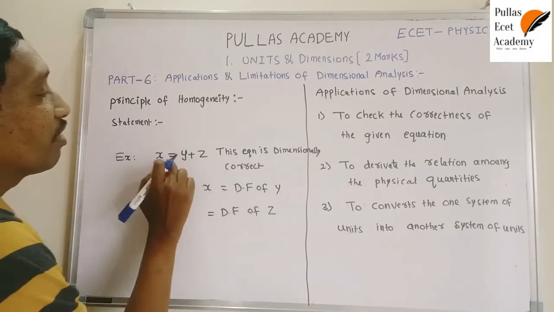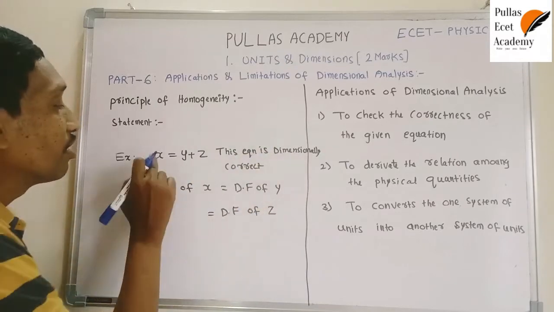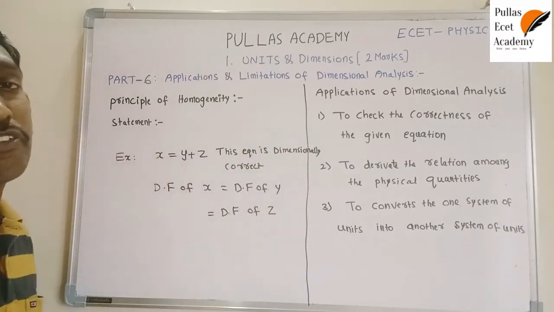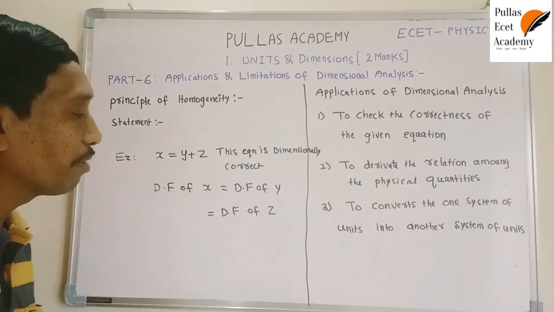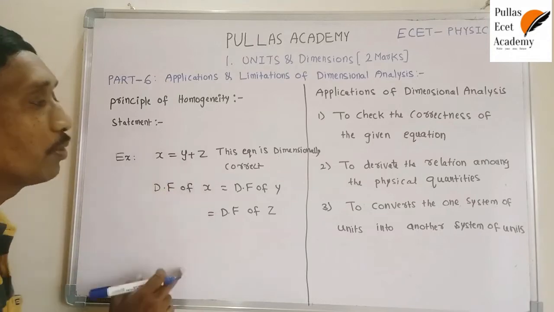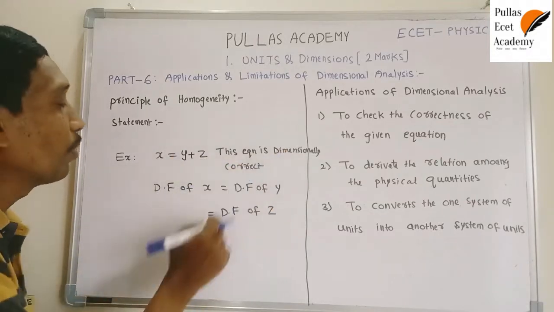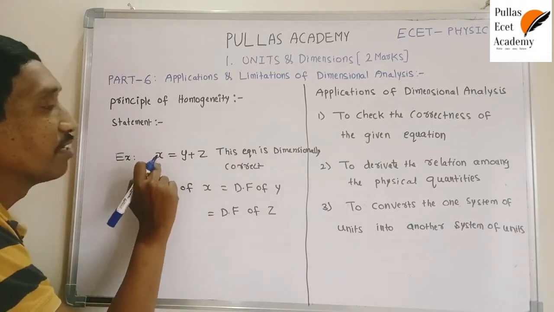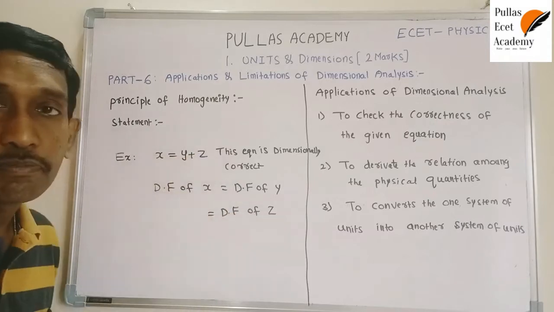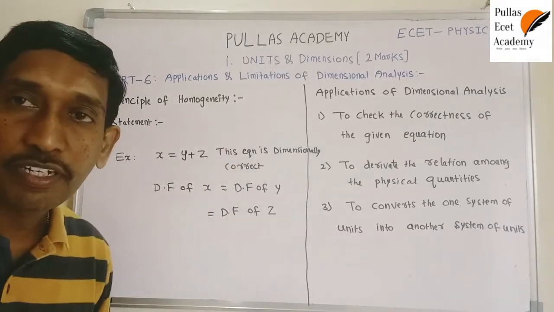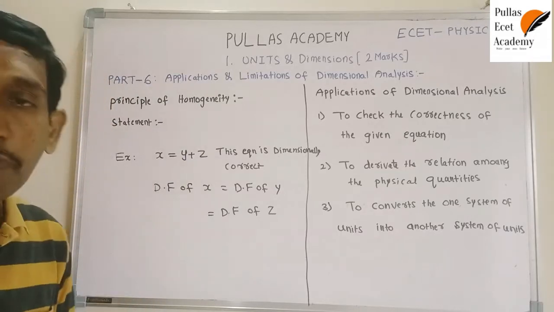If the given equation is dimensionally correct, then each and every factor in the equation has the same dimensional formula. I hope you understood. This is called the principle of homogeneity.